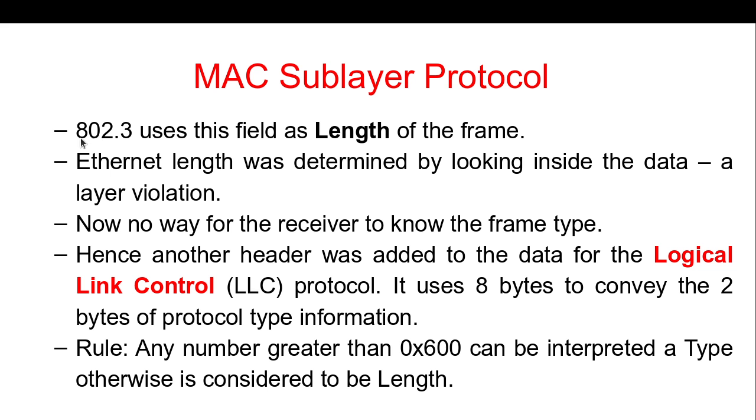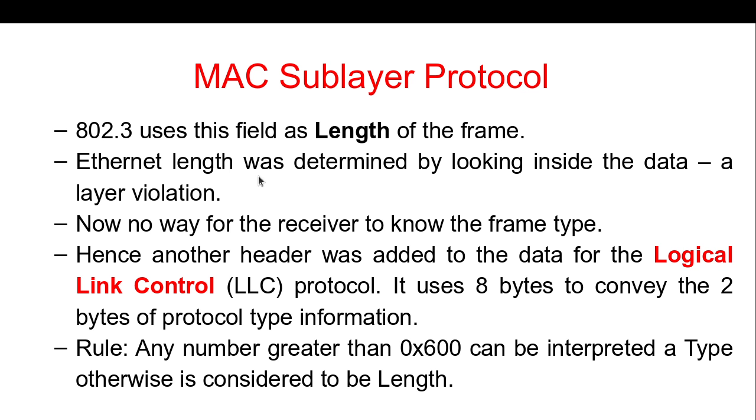Now, 802.3 uses this same field as length, not type. So the frame length will be put in this field. To calculate the frame length, the contents, that is the data contained in the frame, have to be looked at.